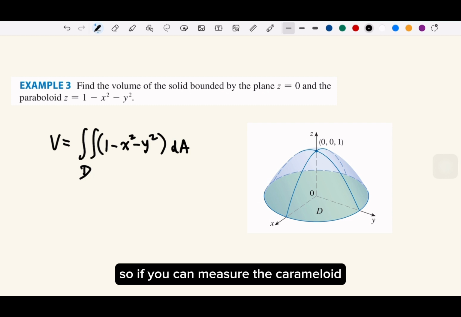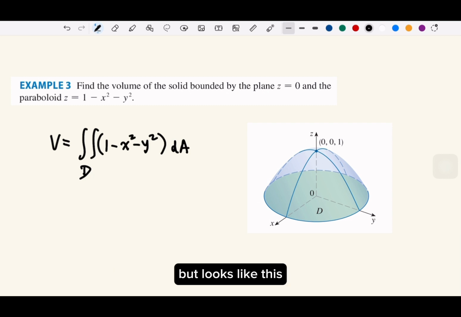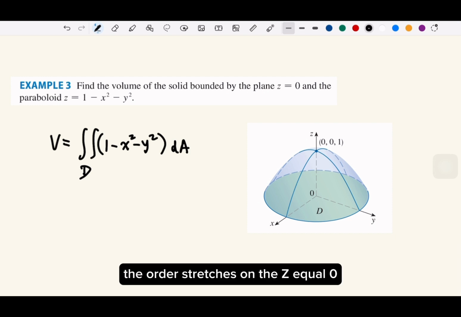If you imagine the paraboloid, the only restriction is z equals 0, which means this will be a full circle.